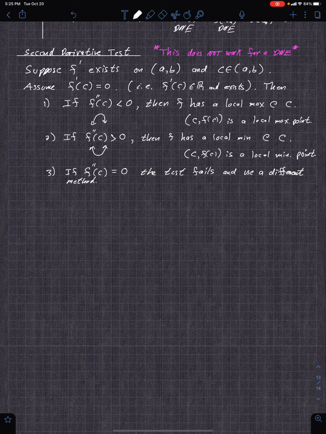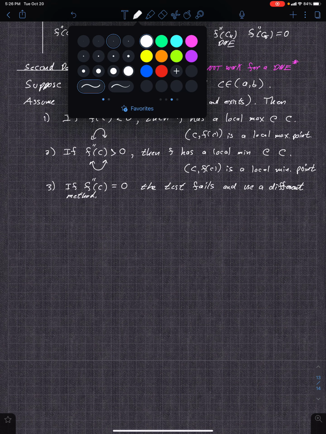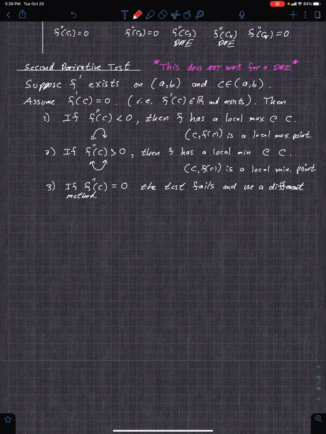So you got to do something else. Now, if f prime is DNE, then you can't use this anyway. So this does not work for the DNE cases. I'll just say for f prime, this only works for the smooth portion of the graph.